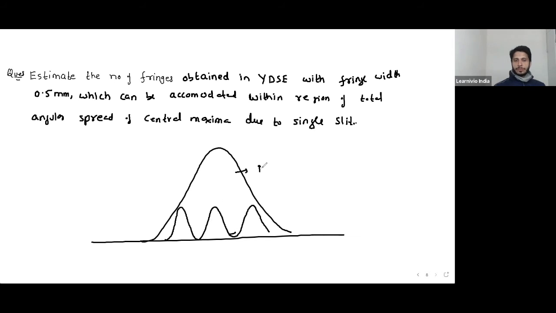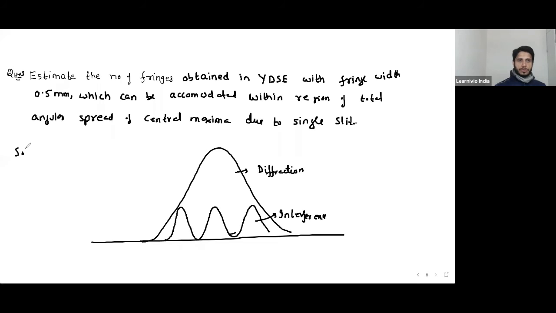This is for diffraction, and this is of interference. He is simply asking how many bright fringes of interference will fit into the central maxima of diffraction.